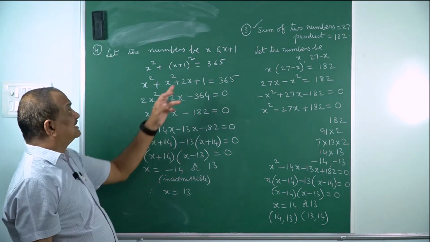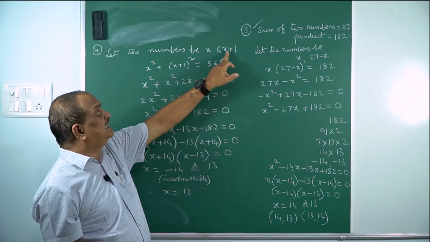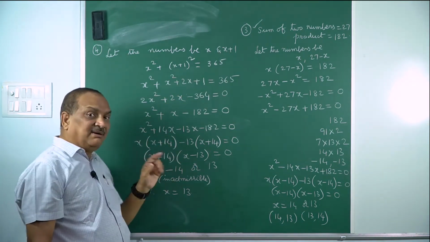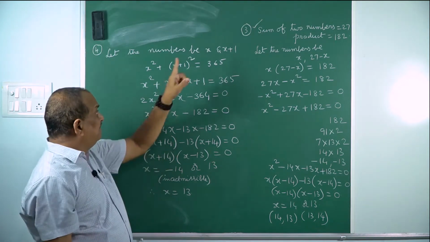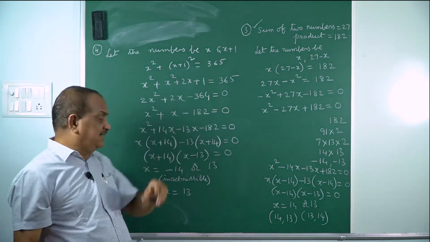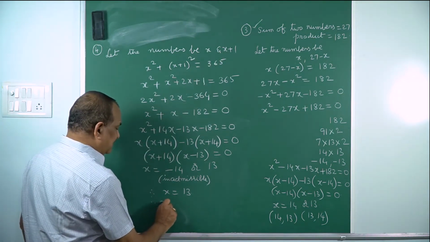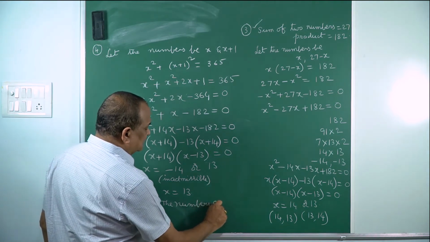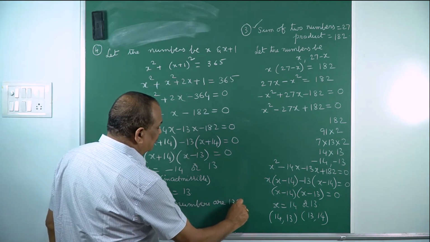And what are the two numbers? If this is 13, this must be 14. Remember, I am not bothered about this minus 14. If my first number is 13, the number next to it is 14. Therefore, the numbers are 13 and 14.